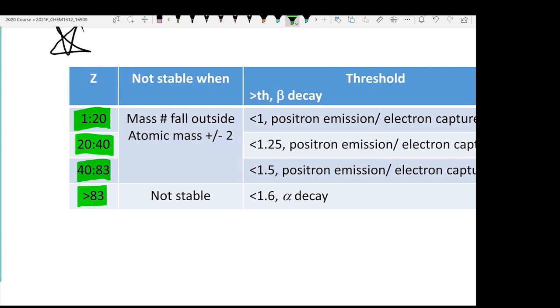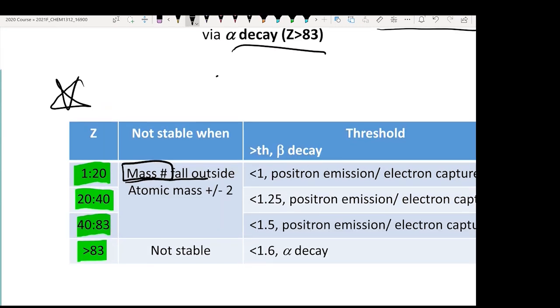Then you need to predict whether this is stable or not. So how do you know it's stable or not? The easiest way is that if the mass number is outside your atomic mass plus or minus 2, then it is not stable. The mass number is something you are going to get from the question. They will always give you an atomic symbol, for example, X, let's say 100. How do you predict this is not stable?